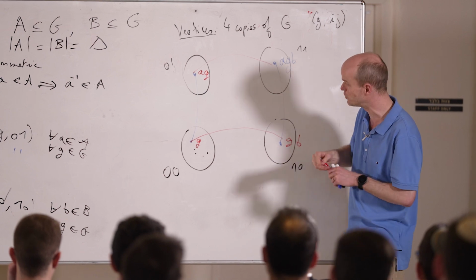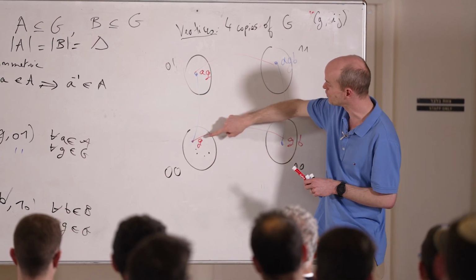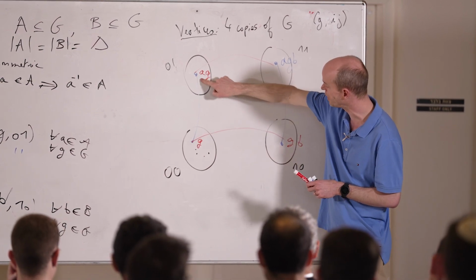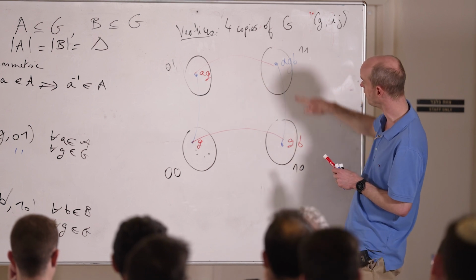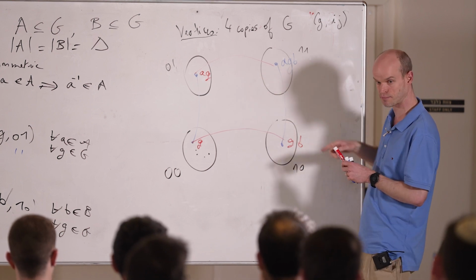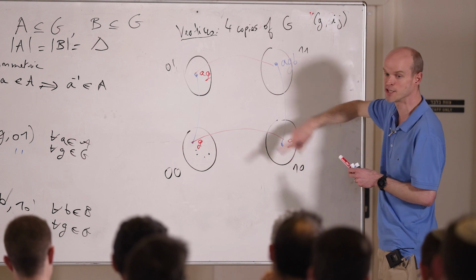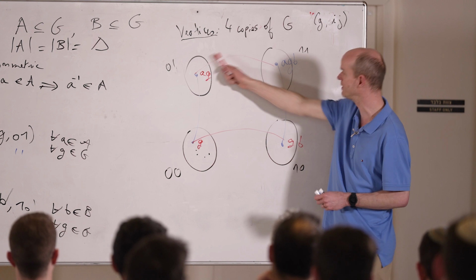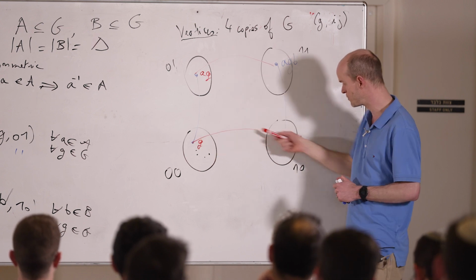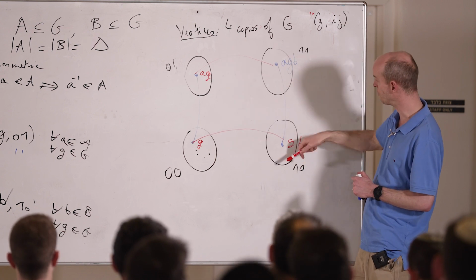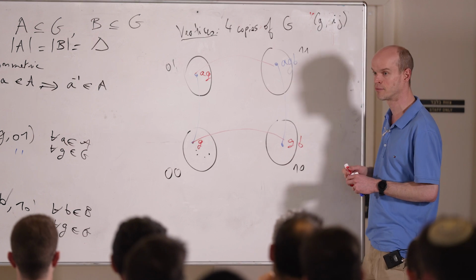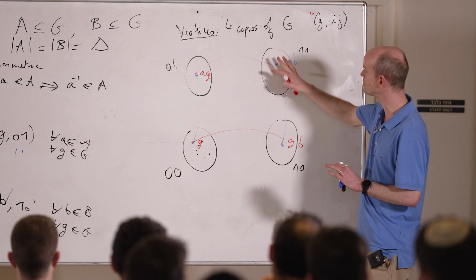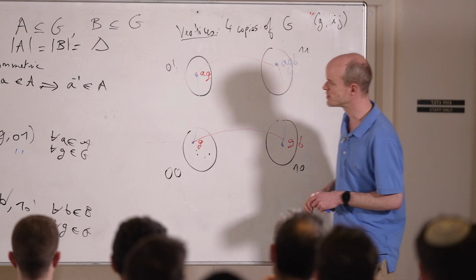The point is that because the multiplication by A is always on the left and the multiplication by B is always on the right, this thing is always the same. And these things commute. So basically, you can first go through this path and then here, or first to the right and then up, and you commute and you always arrive at the same point. And this is kind of the crucial thing that happens in this construction.